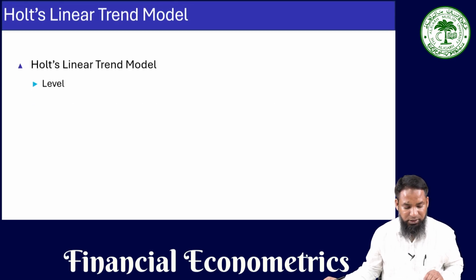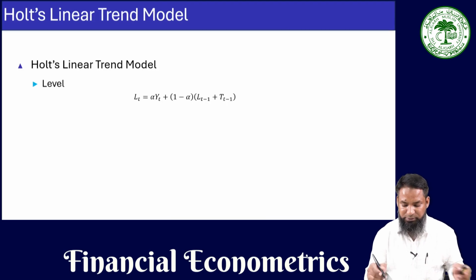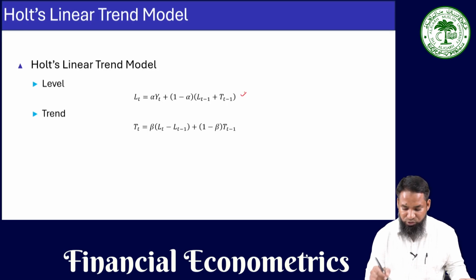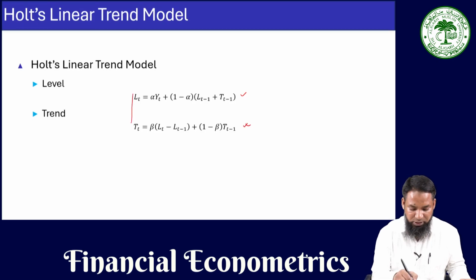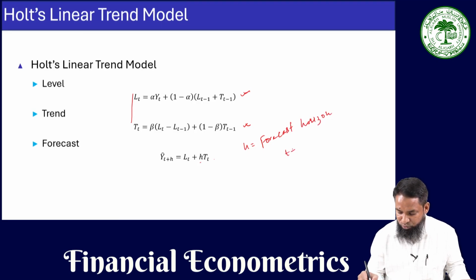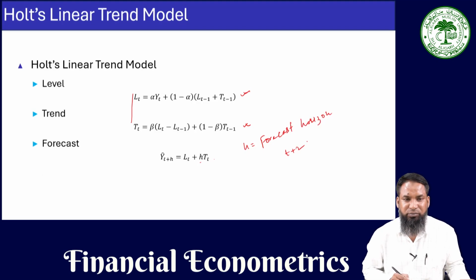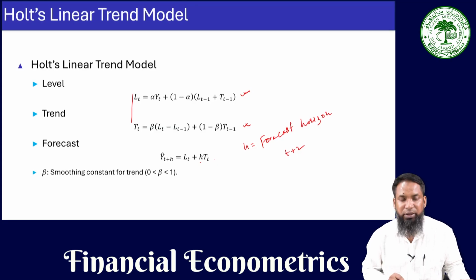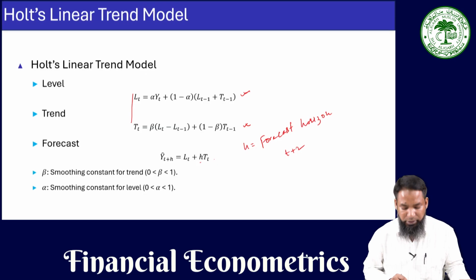Level should be estimated using this particular equation, and the trend using this, and if we combine these two, we get the forecast value y-hat(t+h) = L(t) + h b(t), where h is the forecast horizon. If we write t+2, that means we have two horizons. Here beta is the smoothing constant for the trend, and alpha is the smoothing constant for the level, and obviously both lie between 0 and 1.